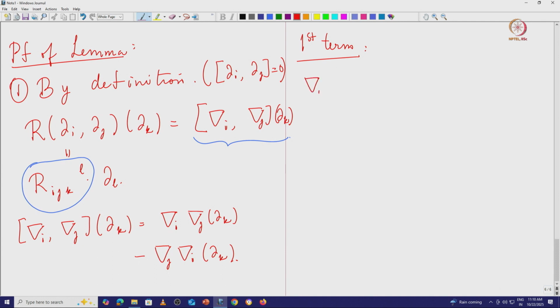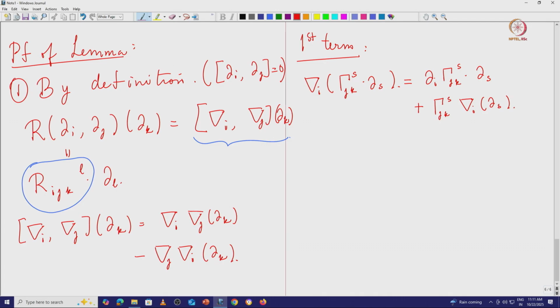So that's del i applied to del j applied to del k, but by the definition of Christoffel symbols that's just gamma jk s times del s. Then by C infinity linearity, when you try to find the covariant derivative of this, you would firstly have del i acting on the Christoffel symbols times del s plus gamma jk s, the covariant derivative of del s.